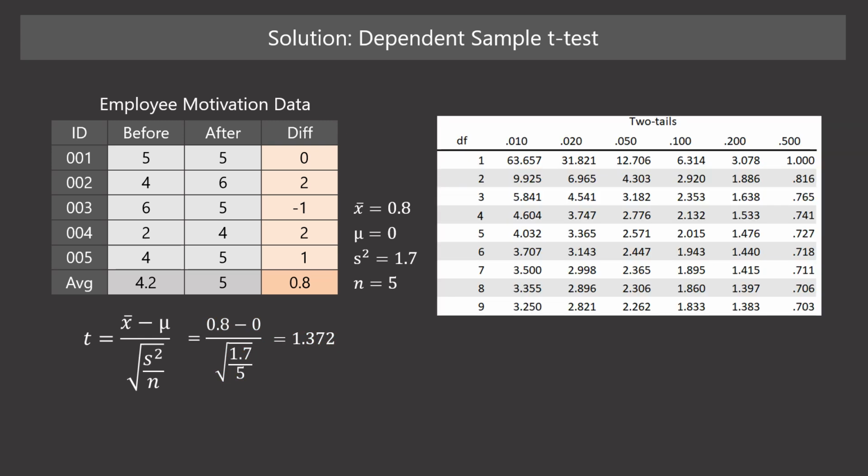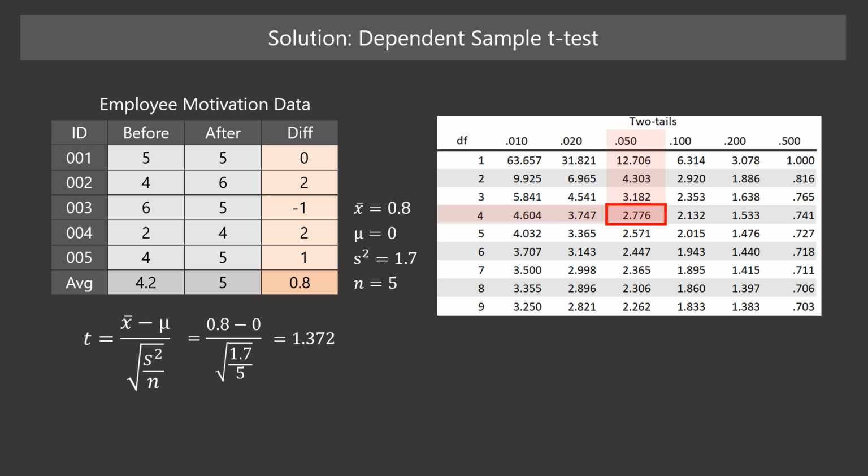As we use the t-value as a test statistic, we use the t-distribution table here. The sample size is 5, and thus the degree of freedom is 4. And we set the significance level to 0.05. So, let's see the intersection of the degree of freedom of 4 and the significance level of 0.05.